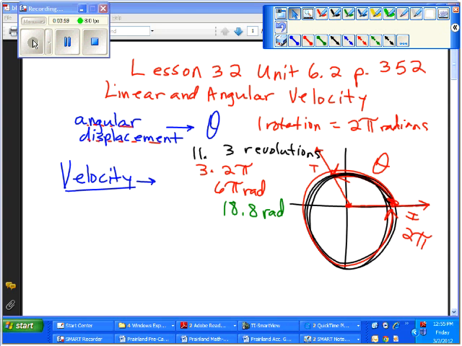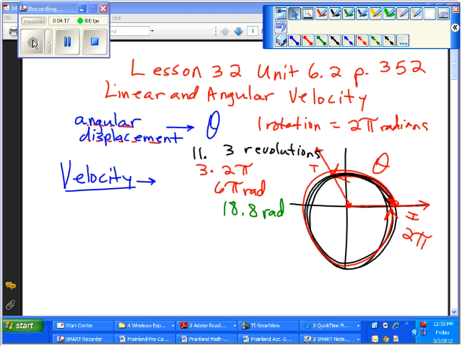So we need to realize that angular displacement is just talking about the size of the angle. And the reason we're calling it that is because we may be going around 2 or 3 or 4 or 5 times. We may be talking about the wheels on a school bus and you went 30 miles. How many times did that thing turn around?